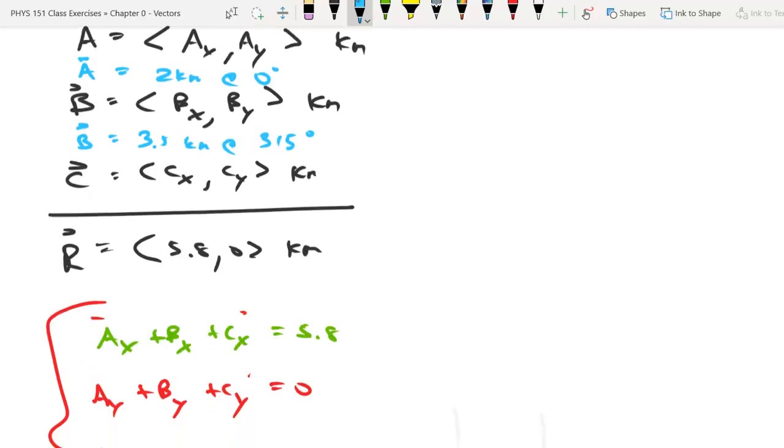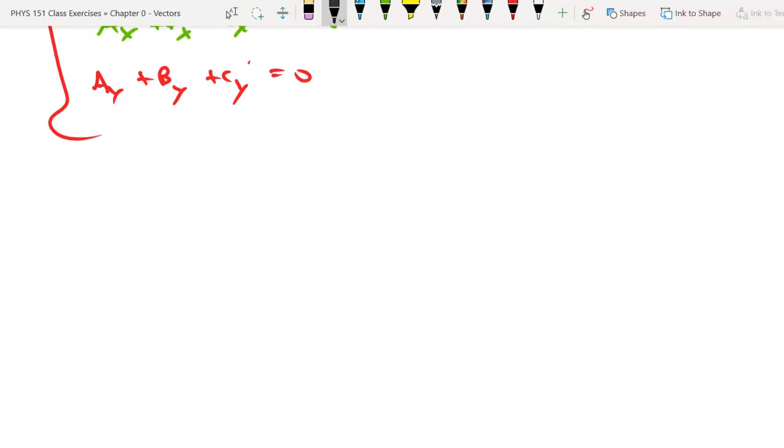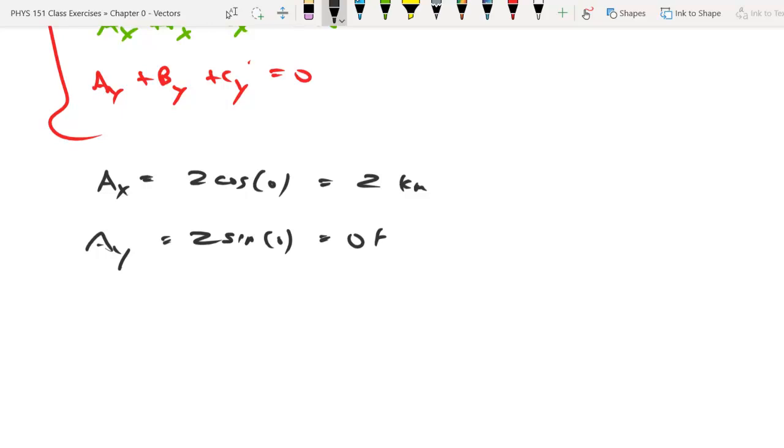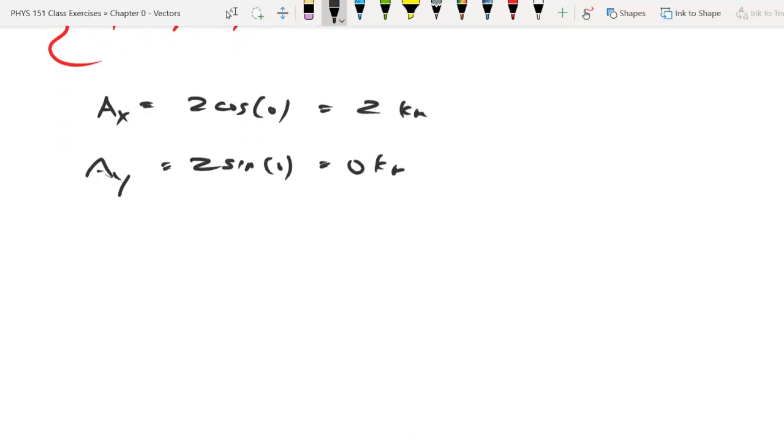Let me just write these out down here. So AX is going to be 2 cosine 0, which is just 2 kilometers. AY is going to be 2 sine 0, which is 0 kilometers, right? And then BX is going to be 3.5 cosine of, I can use reference angles 45, or I can say this is 3.5 cosine of 315.